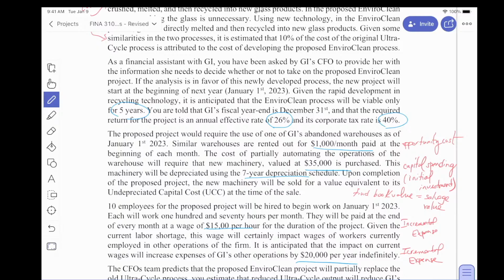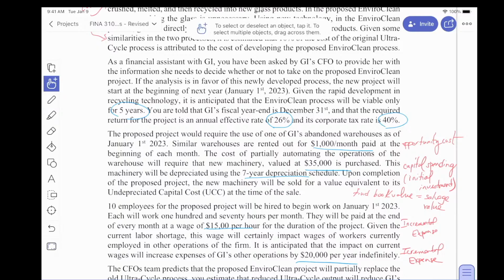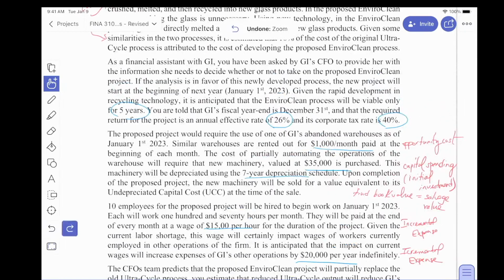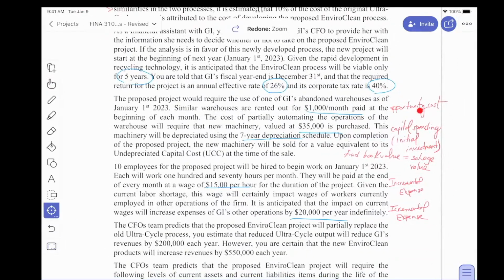So we only have a minute left. What you need to do is read this whole case, identify all the incremental cash flows, and then where each one goes. So this first one will be investment. No, this will go into income, so this will go into 1. Capital spending will go into investment, 2. The book value, salvage value, will go into investment, part 2.